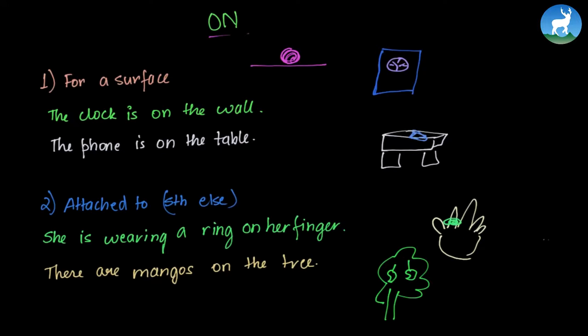So we can say that mangoes are attached with trees. So we can say there are mangoes on the tree. Another important use of on is when we use days or dates. For example, let's meet on Sunday.